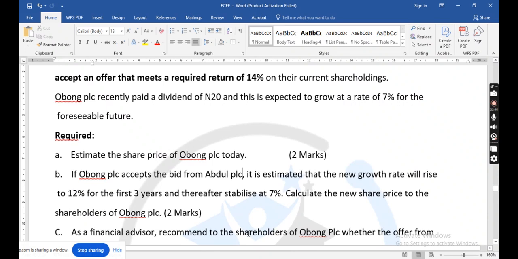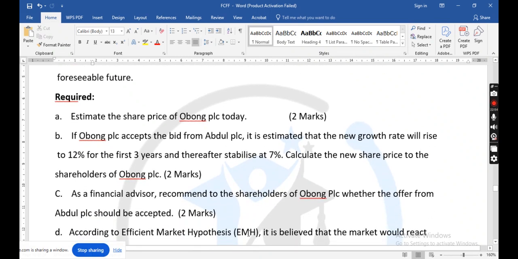And the A part of this question says we should determine the market price of Obong as of today. The second question says, if Obong accepts this bid from Abdul, what is the new share price to the shareholders of Obong?